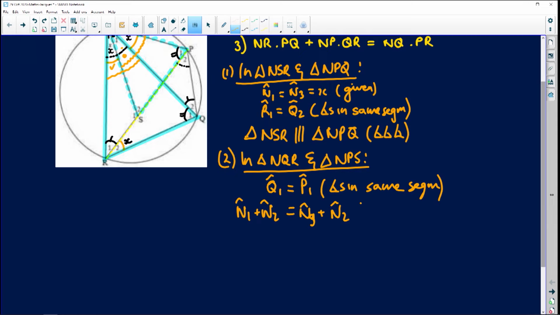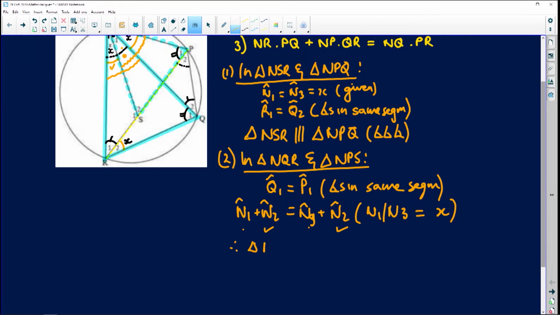Okay, so my reason would be N1 and N3 is equal to X. And what am I doing? I'm adding the same amount to N1 and N3. So I've shown that those two triangles are indeed similar. So let's conclude that. Triangle NQR is therefore similar to triangle NPS. And the reason again, angle, angle, angle.